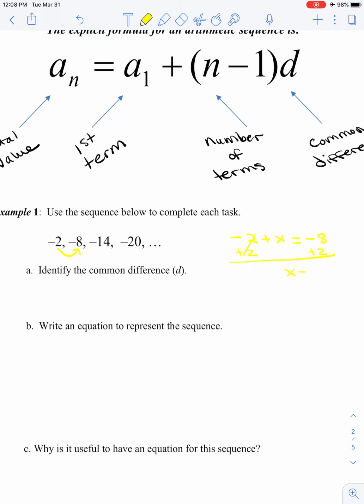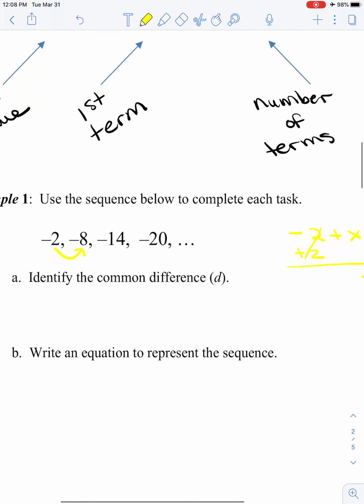So you could solve this equation and say, okay, that something is -6. Or you could just look at the pattern and say, okay, I think it's -6, and then test it out. -8 plus -6, is that -14? And it is.